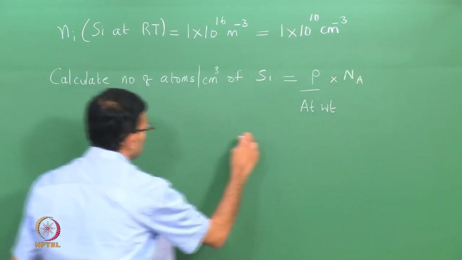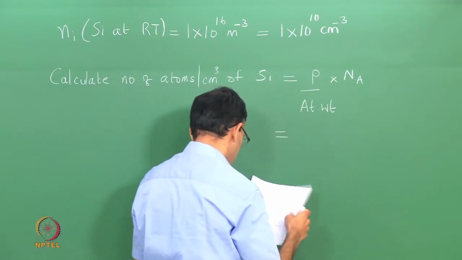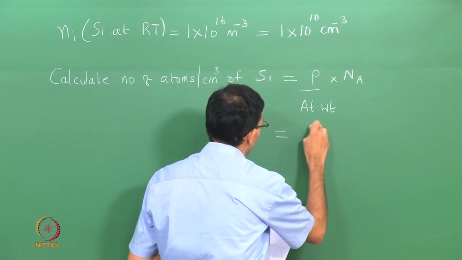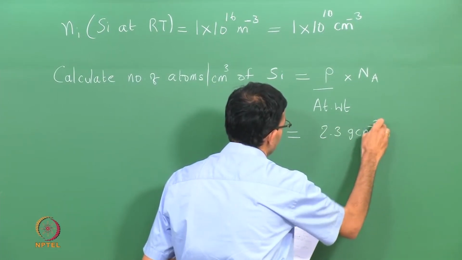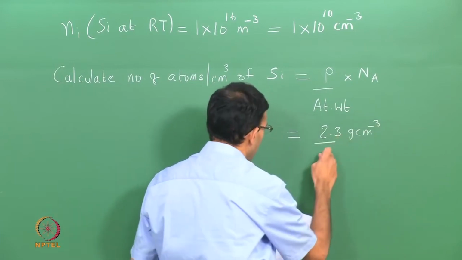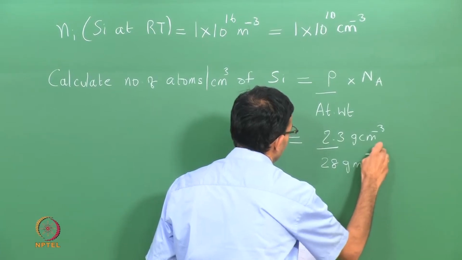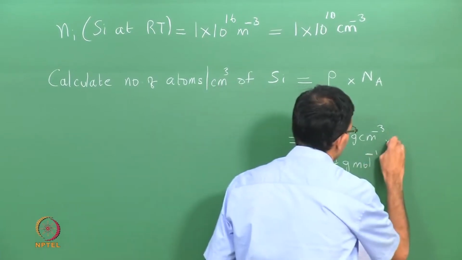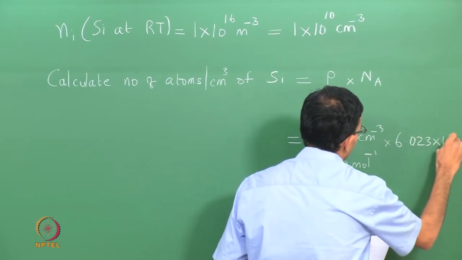If we substitute in the numbers, the density of silicon is 2.3 grams per centimeter cube, the atomic weight is 28 grams per mole, and Avogadro's number is 6.023 times 10 to the 23.